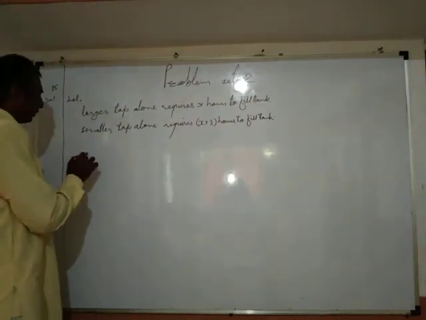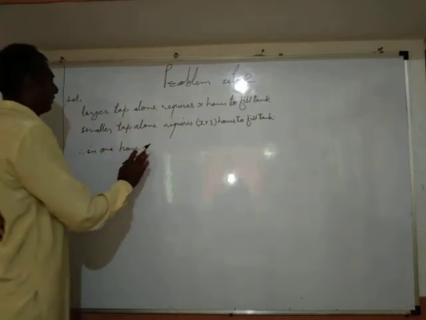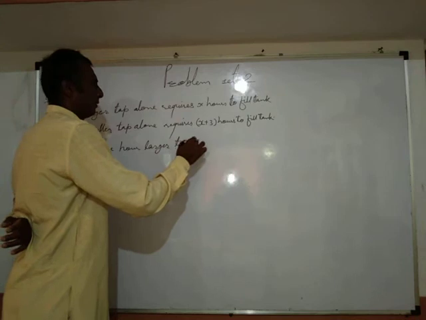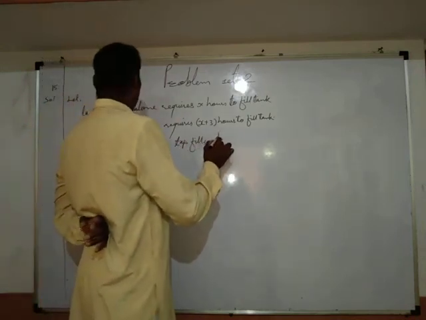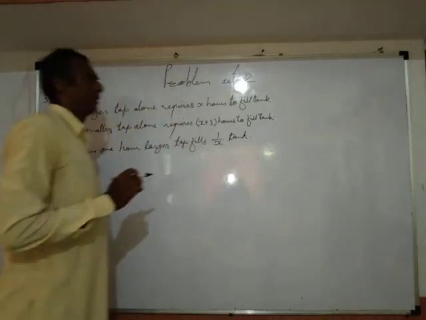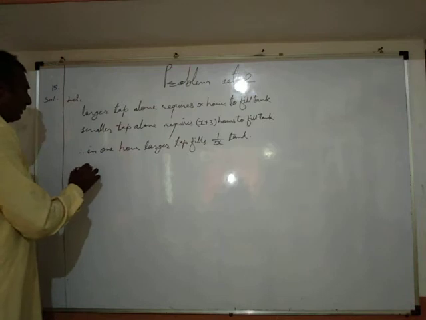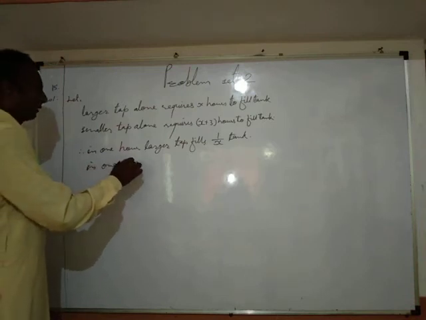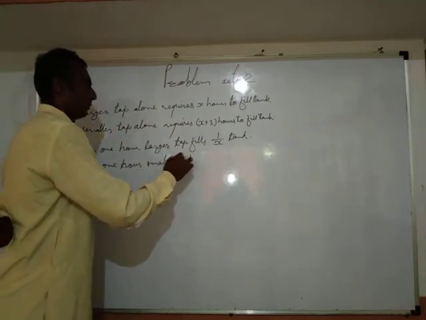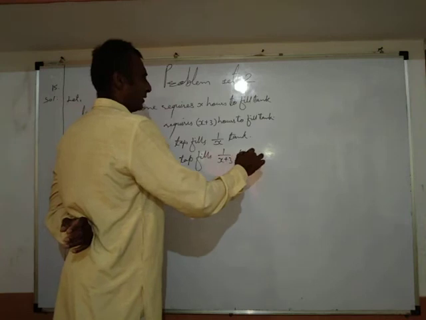And therefore in 1 hour the larger tap fills 1 upon x tank, and in 1 hour the smaller tap fills 1 upon x plus 3 part of the tank.